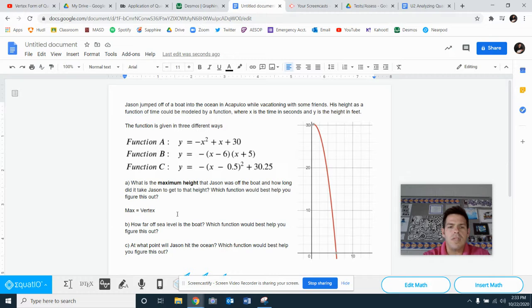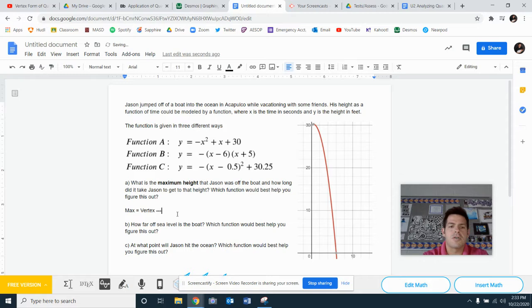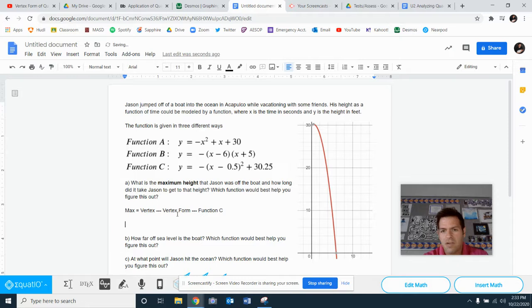So we need the vertex, and we need vertex form, which in this problem is function C. We can take a look at the graph and hopefully see the vertex over there. But if we go to function C, it tells us the vertex right away.